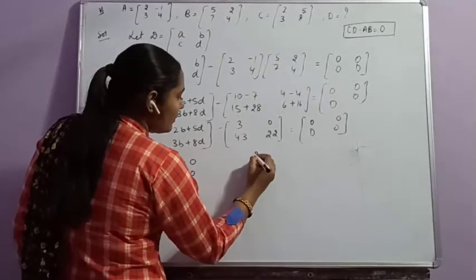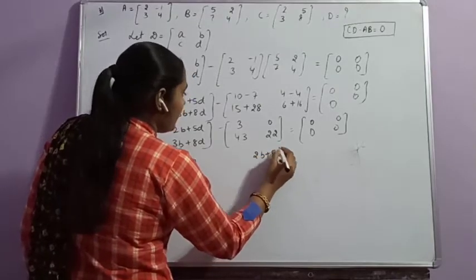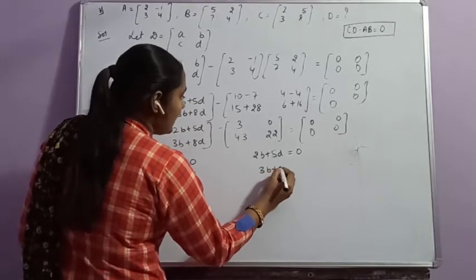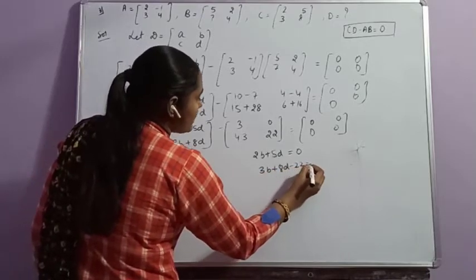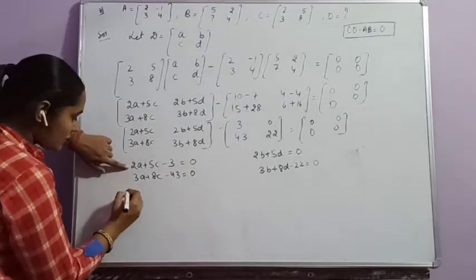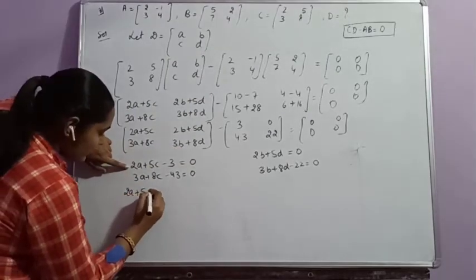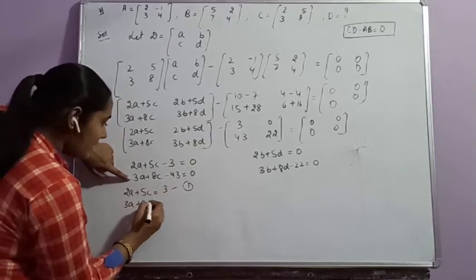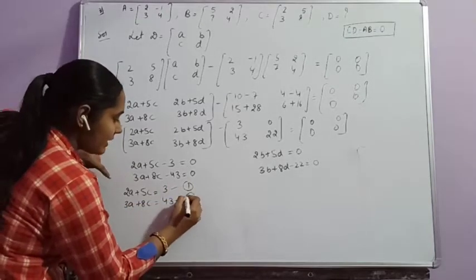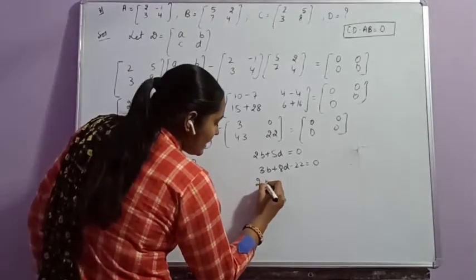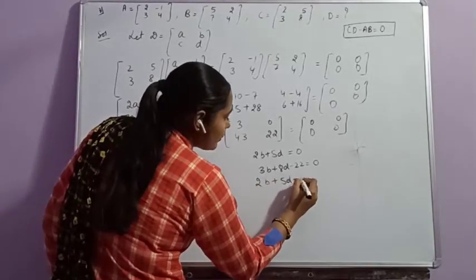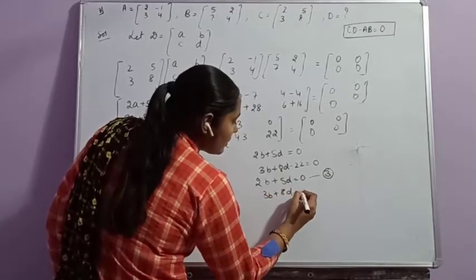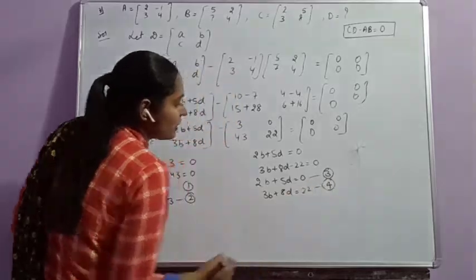Next, 2b plus 5d minus 0 equals 0. 3b plus 8d minus 22 equals 0. So the first equation is 2a plus 5c equals 3. The second equation is 3a plus 8c equals 43. Similarly, the third equation is 2b plus 5d equals 0, and the fourth equation is 3b plus 8d equals 22.